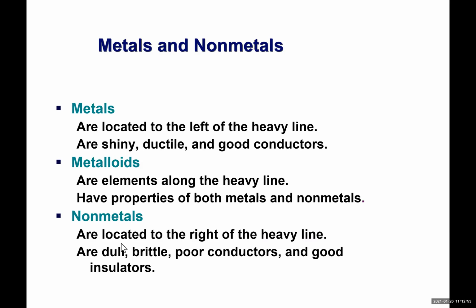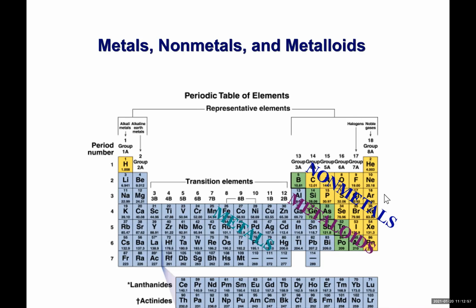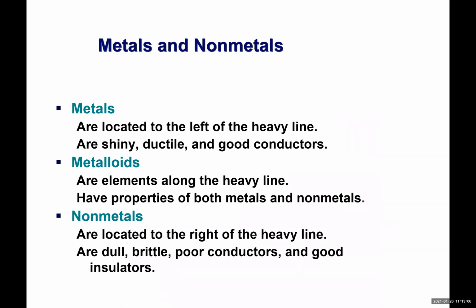How about non-metals? Well, let's check. Do you see non-metals? Except for hydrogen, non-metals are mostly on the right-hand side of the periodic table. And what do we know? They are dull, they are not shiny, they are brittle.